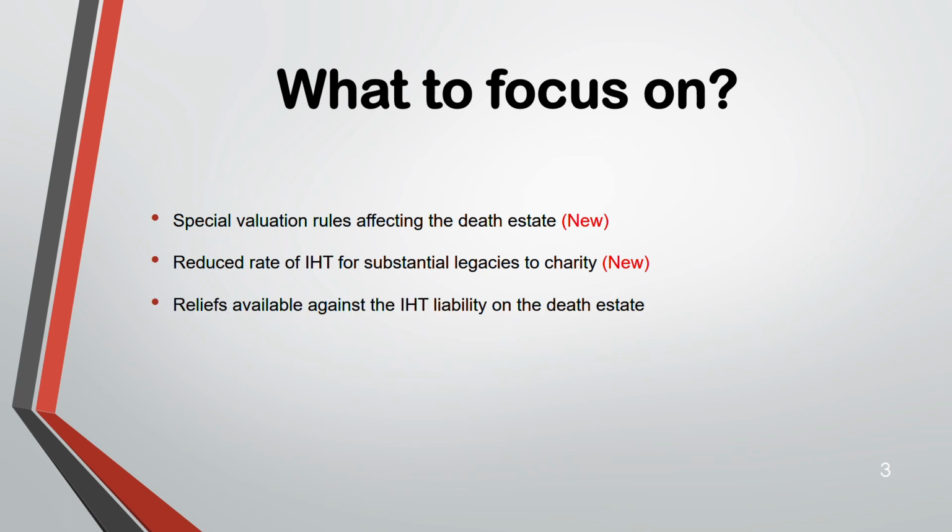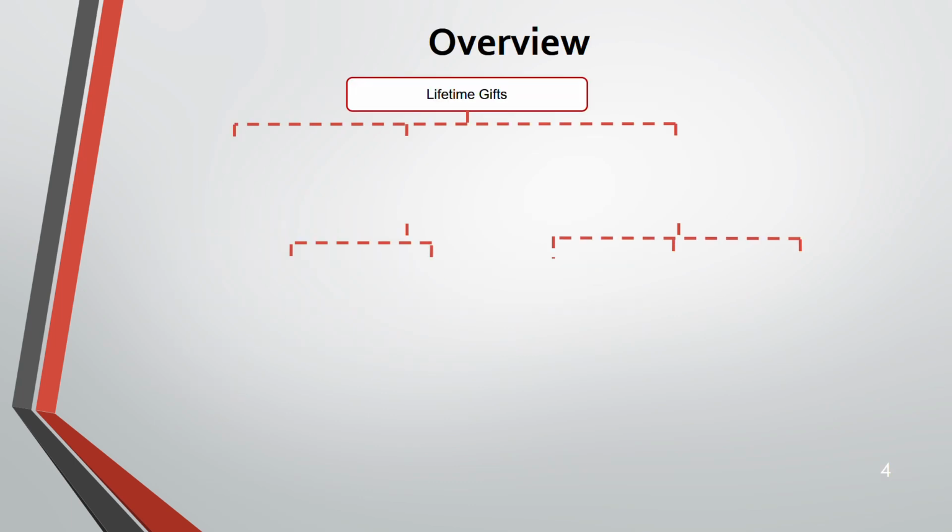Then reliefs against IHT on the death estate: quick succession relief. This is another relief, and then a summary. We also have double taxation relief, but double taxation relief has been covered in CGT and income tax.